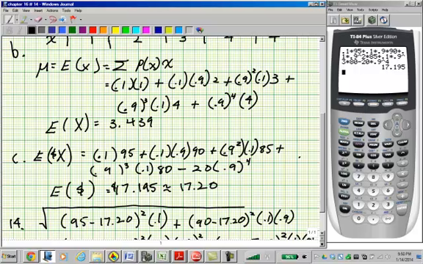Okay, we add all those up, and we get $17.195, and we'll round that to 17.2. All right, so that's the end of problem 6.